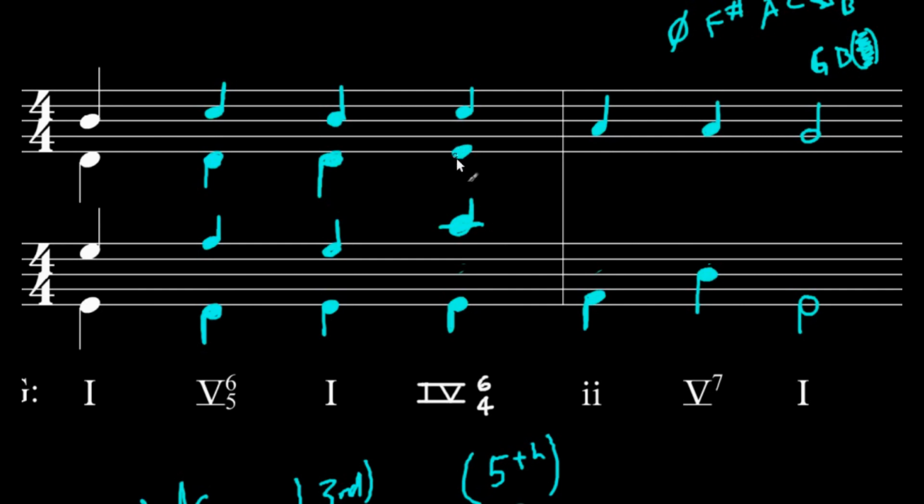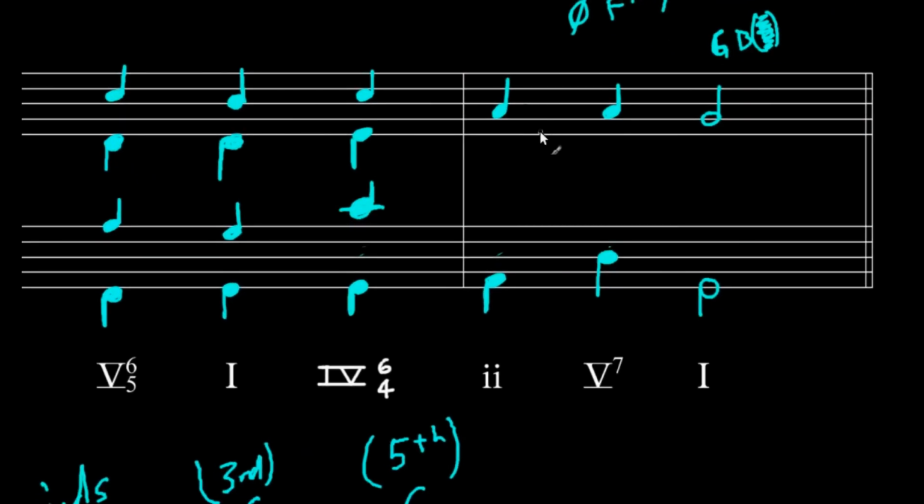So C, E, C, G. Okay, cool. So we've got everything we need there. We're essentially going to swap these 2 voices going forward. So now, instead of keeping the C the same in the alto, we're keeping the C the same in the tenor. And then we have an E up here to keep the same as well.